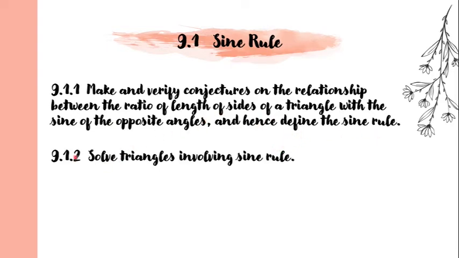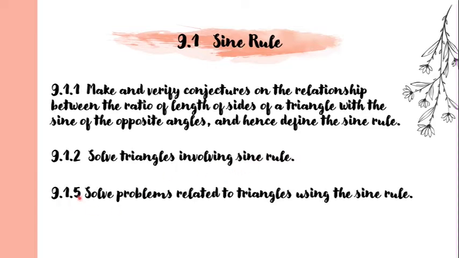You should also be able to solve triangles involving the sine rule, and lastly, solve problems related to triangles using the sine rule. 9.1.3 and 9.1.4, which are related to the ambiguous case, will be taught by Miss Muslima in the upcoming videos.